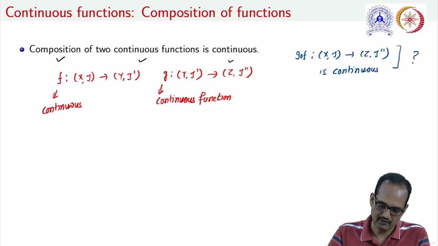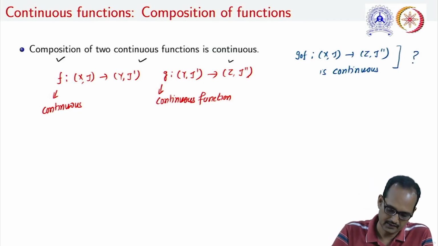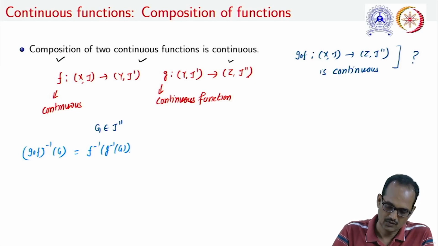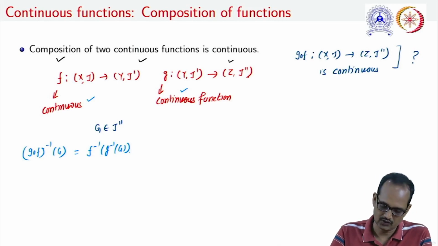Now, in order to justify it, let us take any open set with respect to topology tau double dash. So let us take g belongs to tau double dash. Now we are computing the inverse image of this g under g composition f. This is precisely f inverse of g inverse of g. Now let us use the continuity of f as well as g. As f and g are continuous, let us see through this diagram.